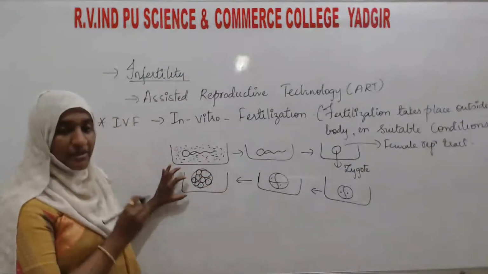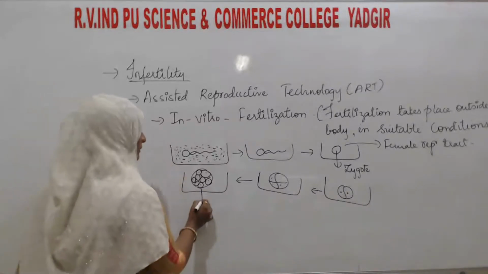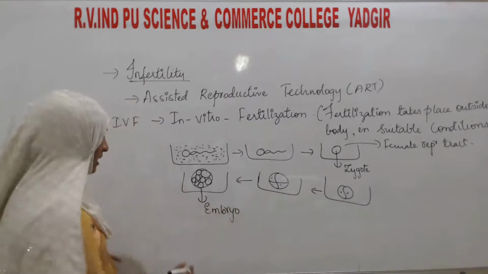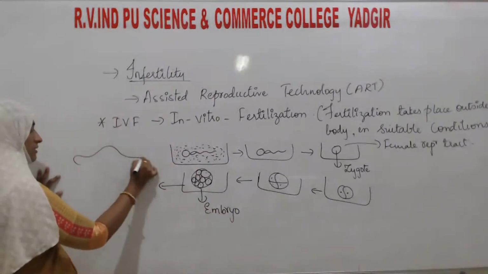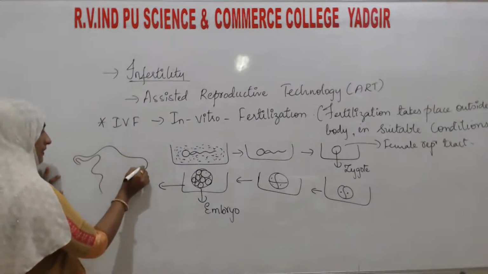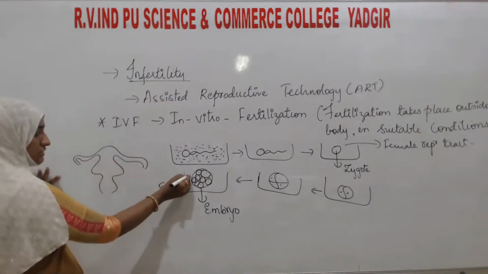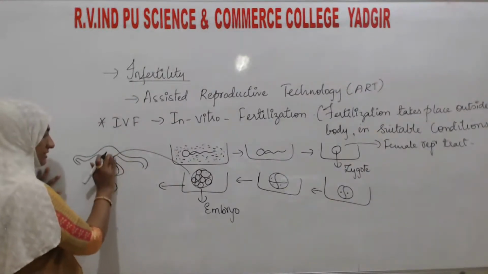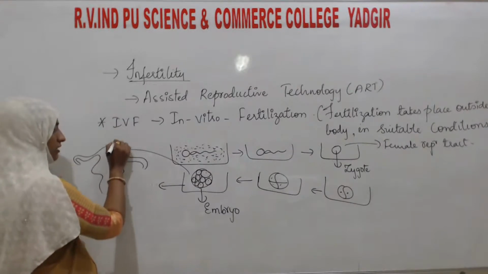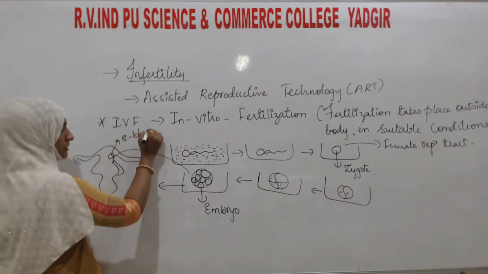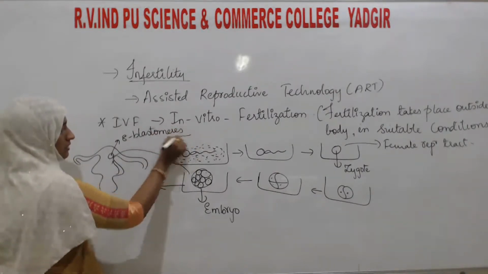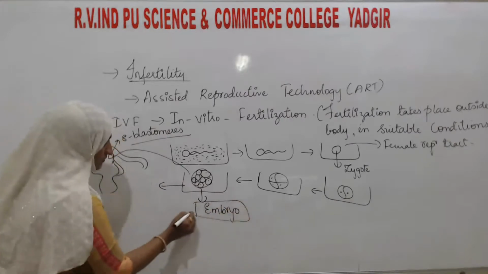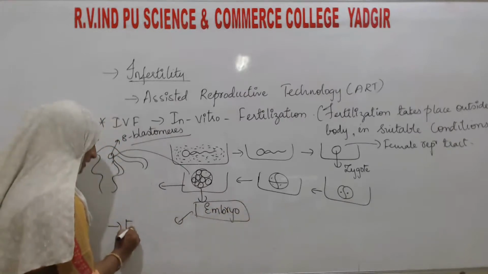When it attains 8 blastomeres, then we can call it the embryo. This embryo they are going to transfer into the female reproductive tract, that is the uterus, with the 8 blastomeres. This process of transferring the embryo is known as embryo transfer.